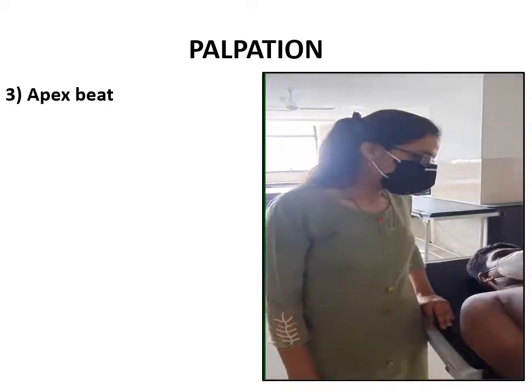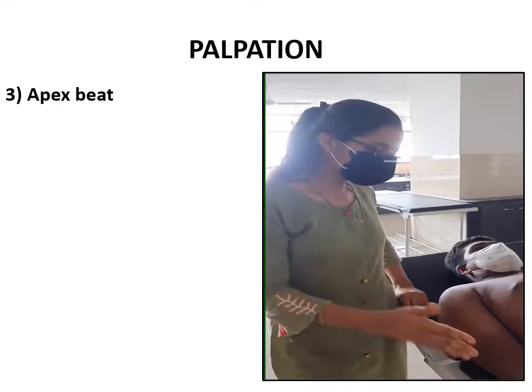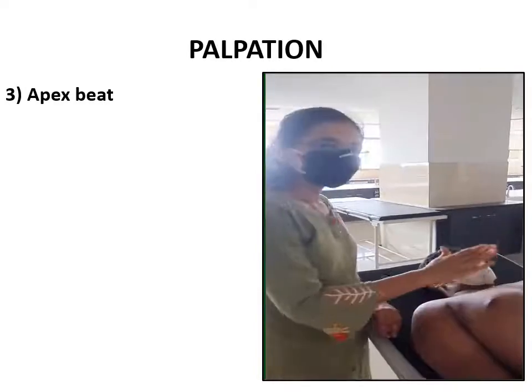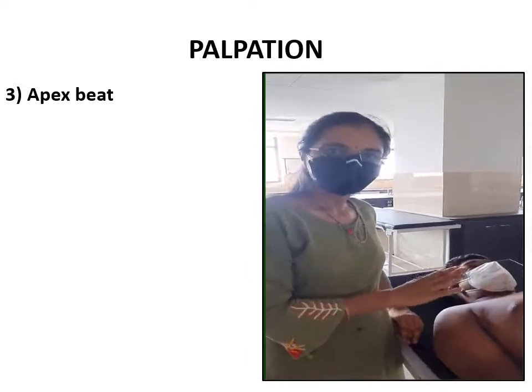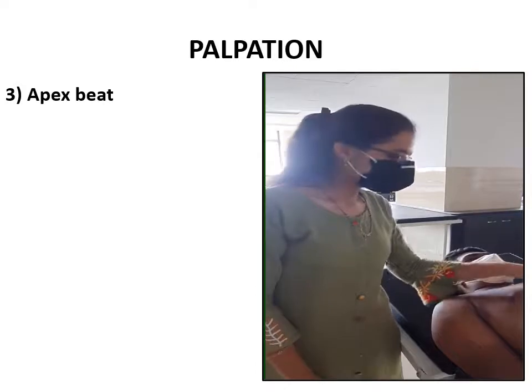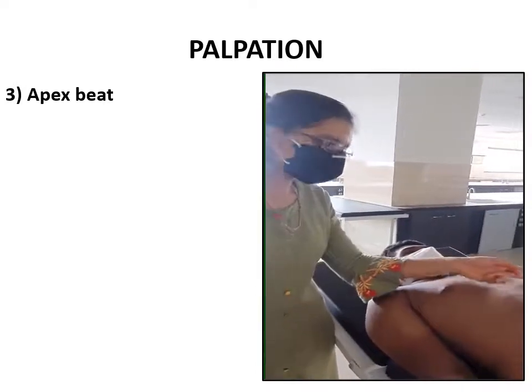Now let's palpate for apex beat. First we have to use our palm. Usually apex beat is situated normally in the left fifth intercostal space, half an inch medial to the mid-clavicular line. This is the mid-clavicular line.